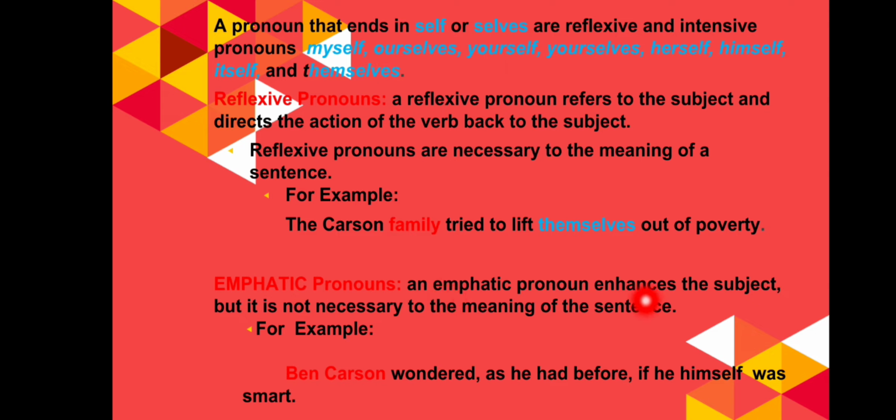An emphatic pronoun enhances the subject, but it is not necessary to the meaning of the sentence. For example, Ben Carson wondered, as he had before, if he himself was smart. If he himself, giving more emphasis, but it is not necessary to the meaning of the sentence. So this himself is an example of an emphatic pronoun.